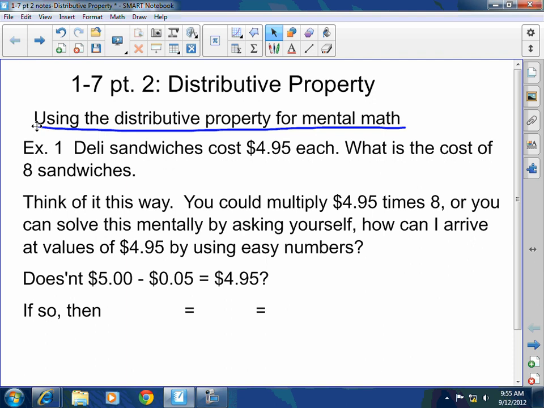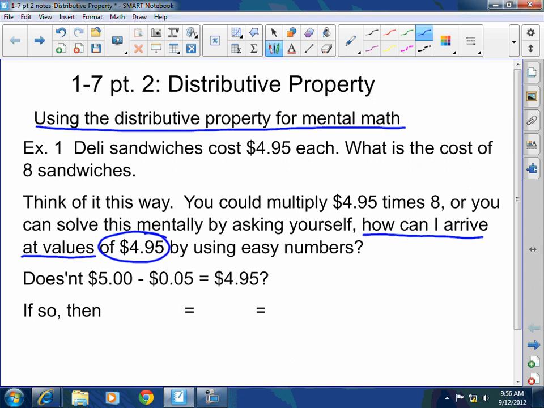What are we thinking about here? What was not clear? It said, how can I arrive at the value of $4.95 by using easy numbers? Isn't $5 a nice, pretty number? If you subtract 5 cents, isn't 5 cents a nice, pretty number? Isn't 5 minus 0.05 $4.95?